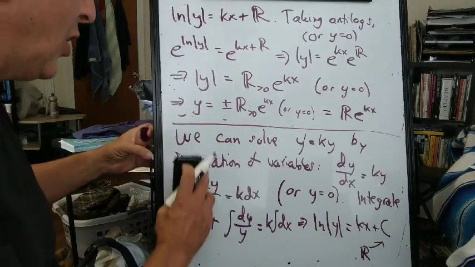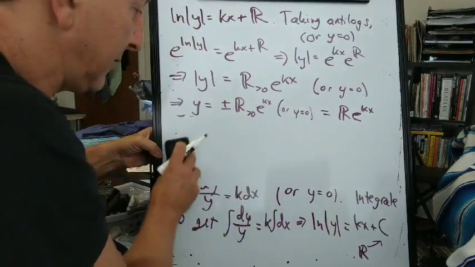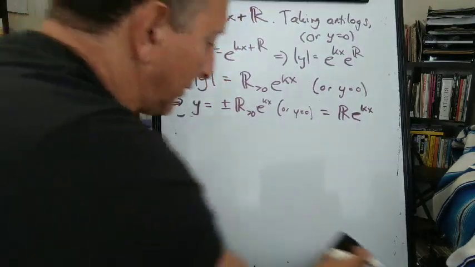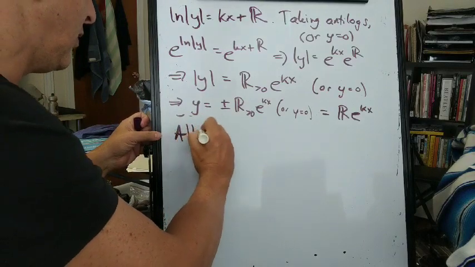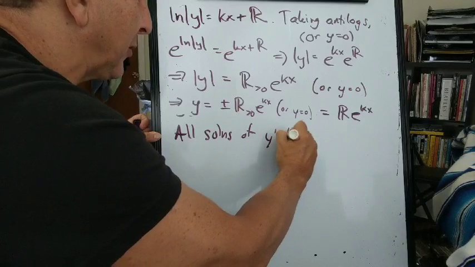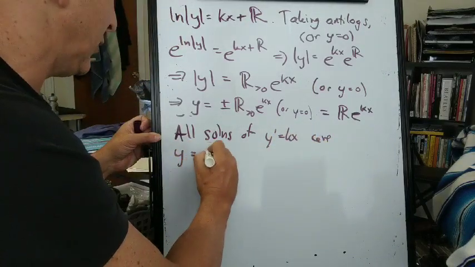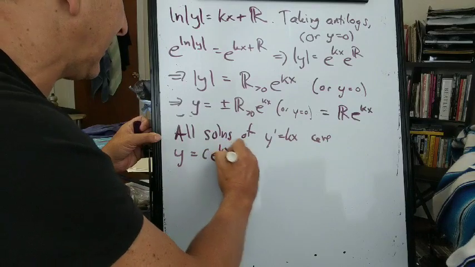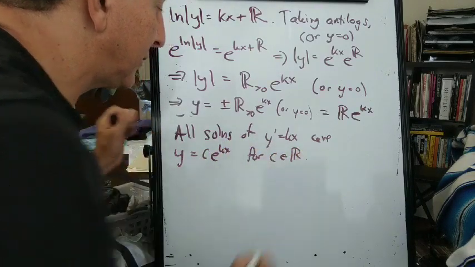Y equals all real numbers e to the kx. So to summarize, all solutions of y prime equals ky are y equals c e to the kx for c some real number.